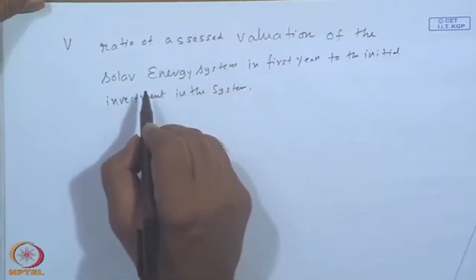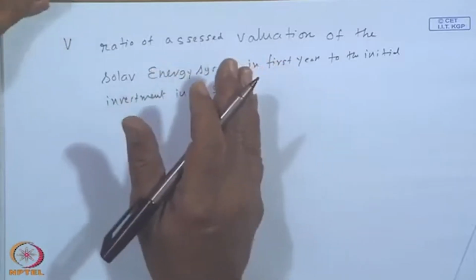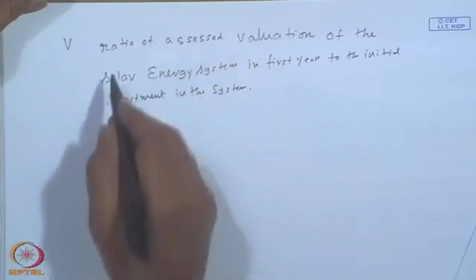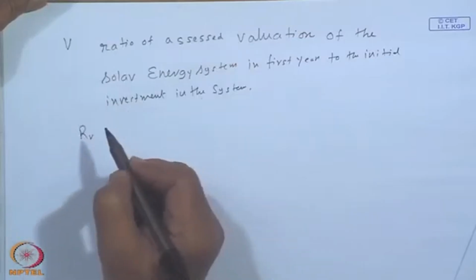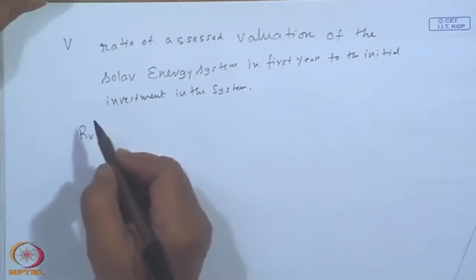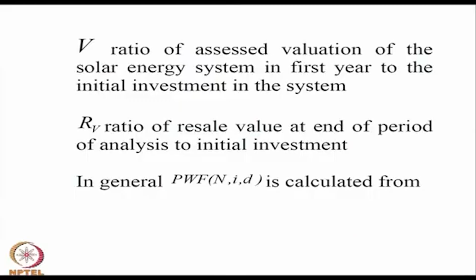So, assessed valuation of the solar energy system in first year to the initial investment in the system. So, you may not pay all the amount. So, there is a particular ratio. Because that is going to decide how many installments you will pay, how much you will pay over how many years, and consequently your present worth factors, etc., etc.